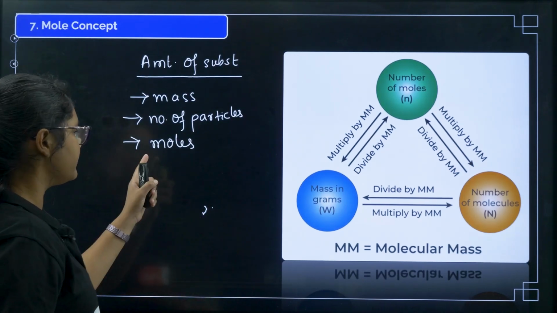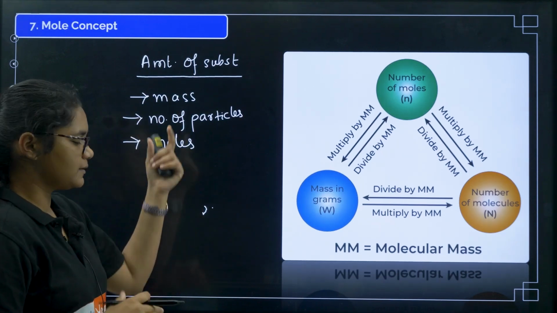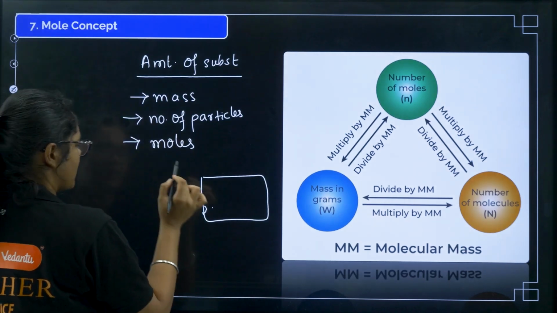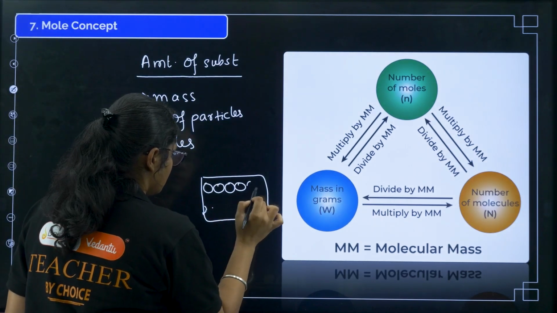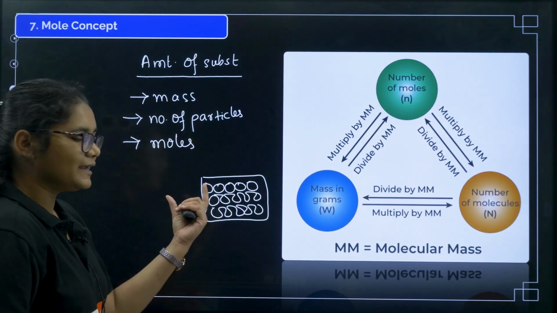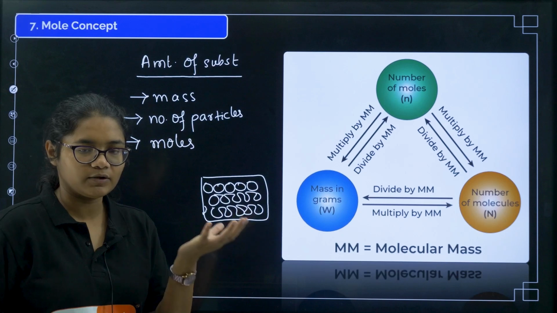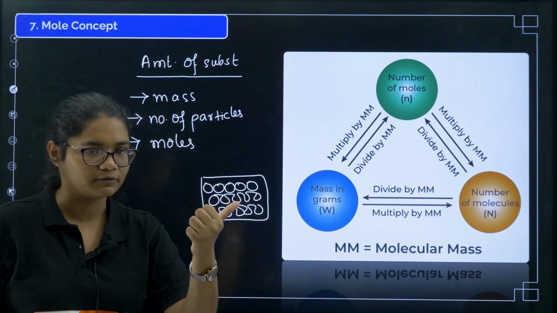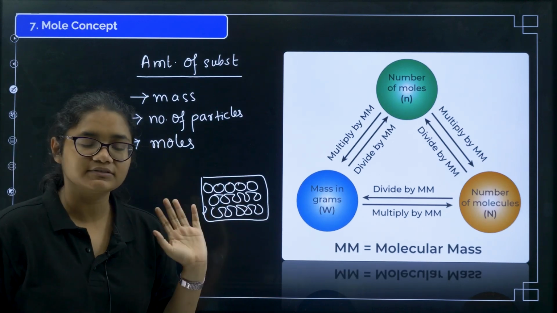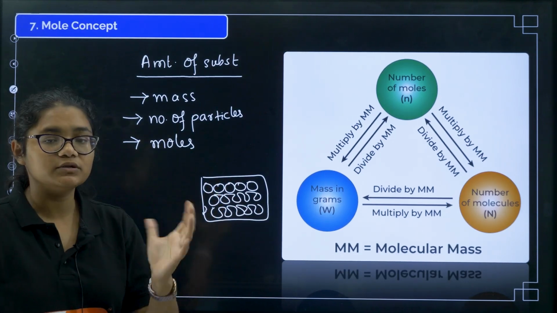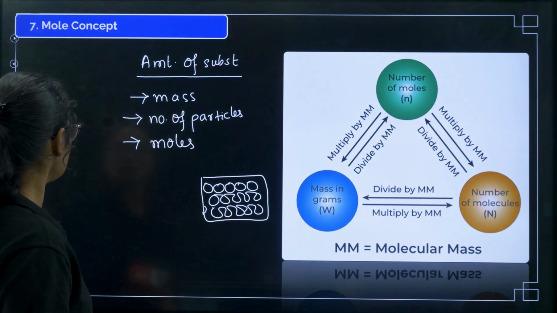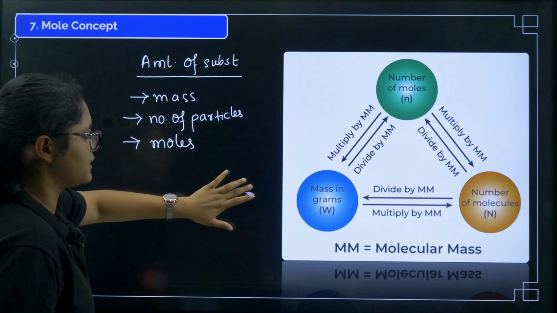Suppose here some sodium atoms are kept, it is filled with sodium atoms. Now I can tell what the mass is. I can say this sodium atom's mass is this much. That is one way I can tell. Second way, I will count the number of atoms and tell these many sodium atoms are present. Or I can tell these many moles of sodium atoms are present. So you can represent them in 3 ways: mass, moles and number of particles.